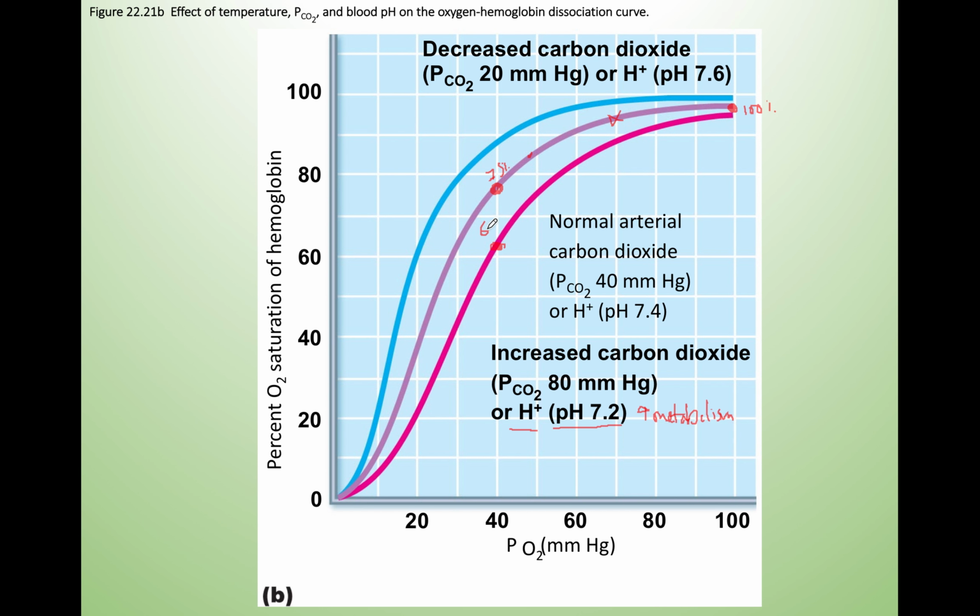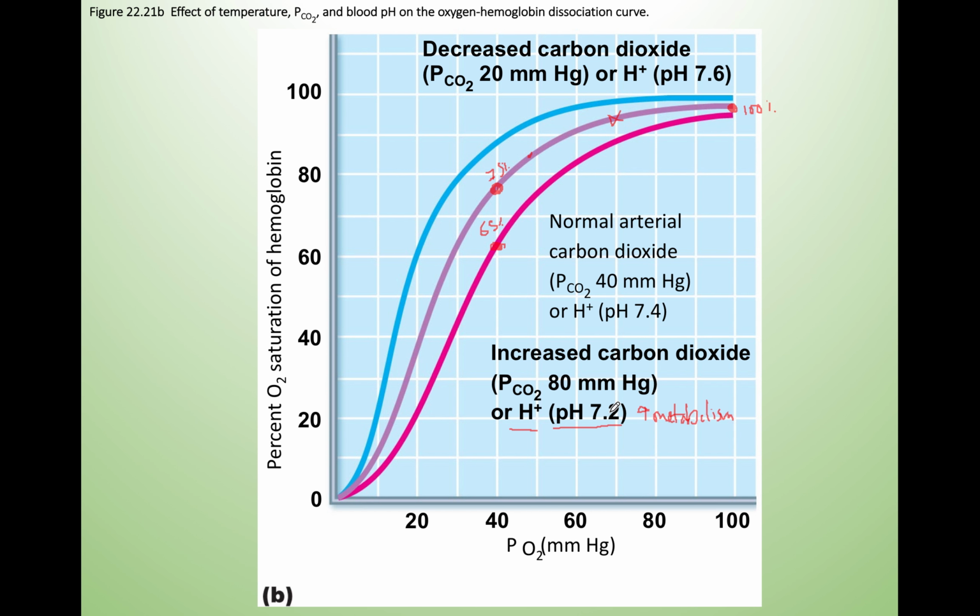About, I would say 65%, okay? A little bit less than 65, but about 65% saturation versus 75% saturation. So if I have high carbon dioxide, high hydrogen concentration, which implies low pH, my body is going to release its oxygen. So hemoglobin affinity for oxygen is going to be low.